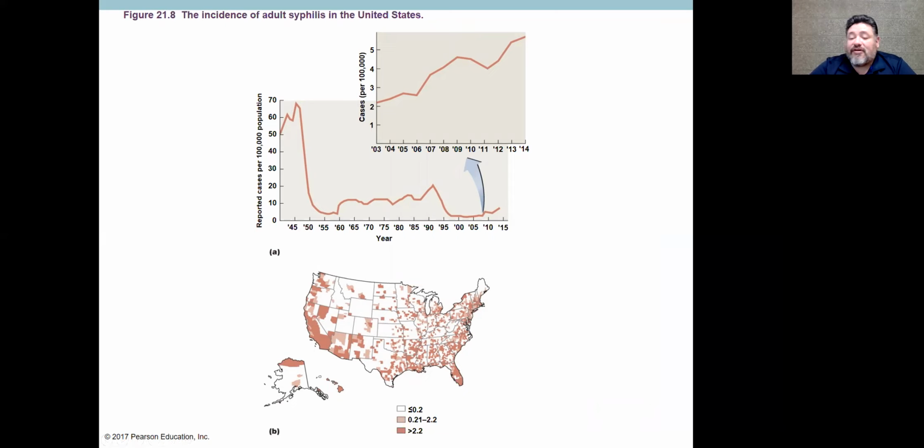The incidence has fallen over the years, but as you can see here, there's been a slight increase lately, and we covered this in one of our summaries, addressing the fact that in certain communities the stigma of having these sexually transmitted diseases prevents people from going to a physician and getting this treated. So that may be one of the main reasons attributing to the late onset of this increase.